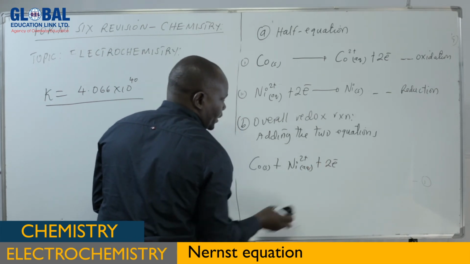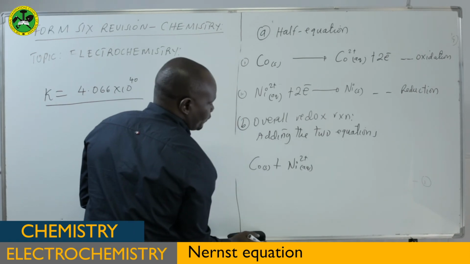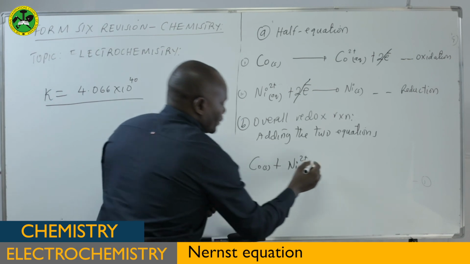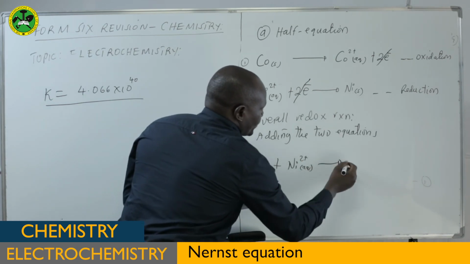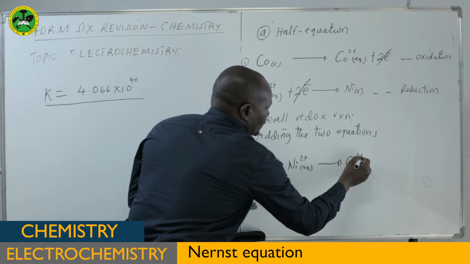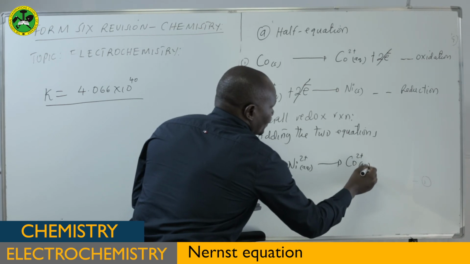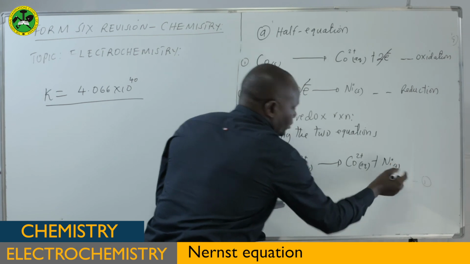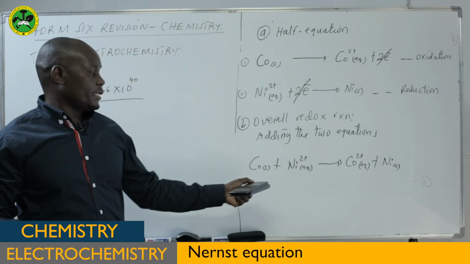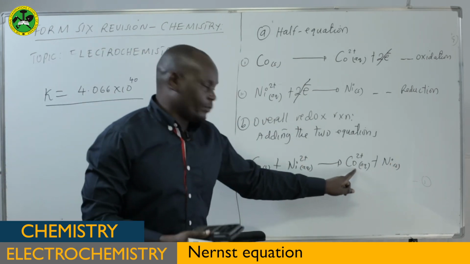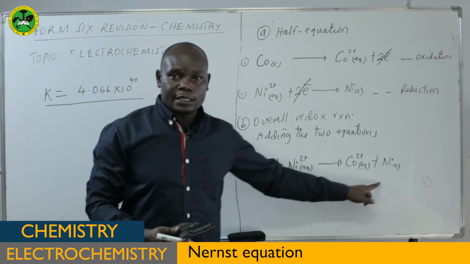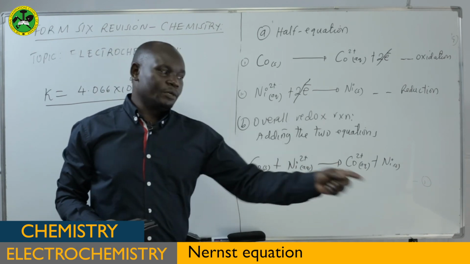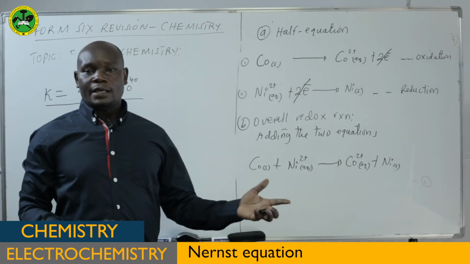Now the electrons will cancel each other because here we have 2 electrons and there we also have 2 electrons. So the product will be cobalt 2 positive aqueous, plus nickel solid. So this is our overall redox reaction, with the species that have been oxidized and the species that have been reduced. So the third part, you are asked to calculate the equilibrium constant K of the reaction.